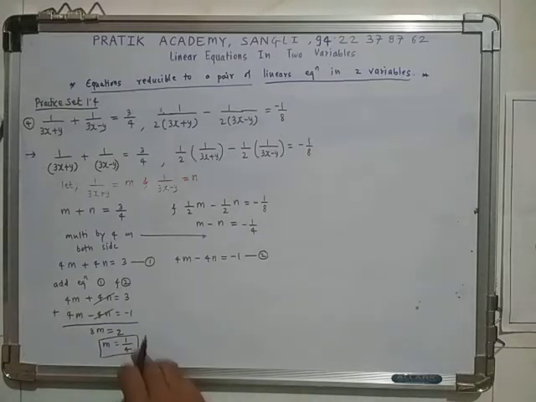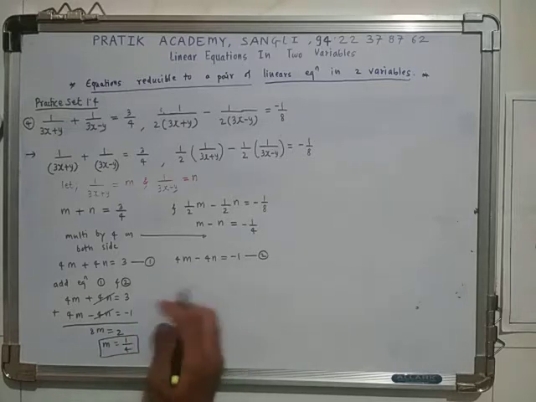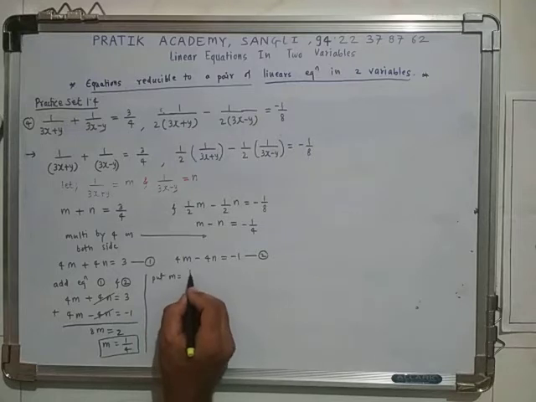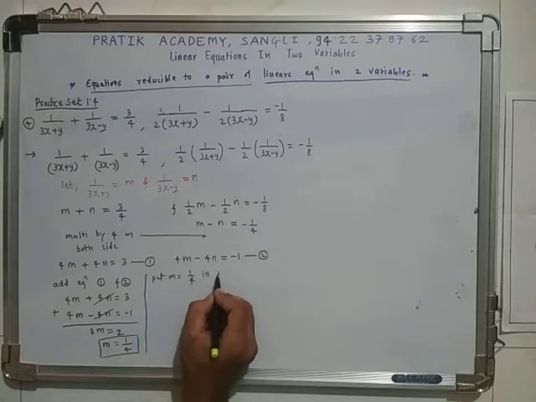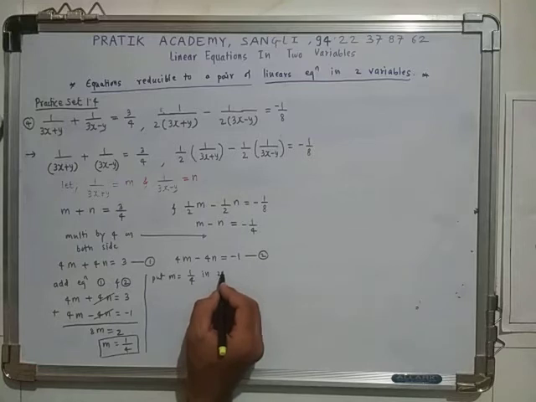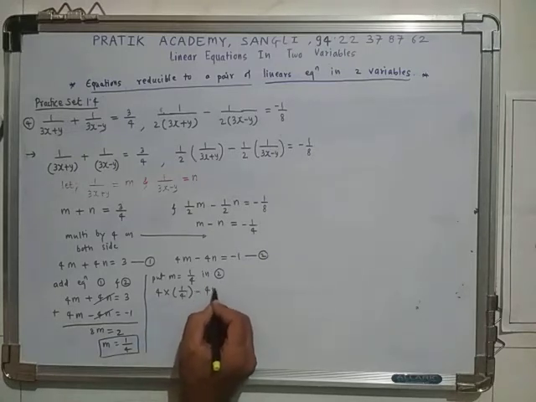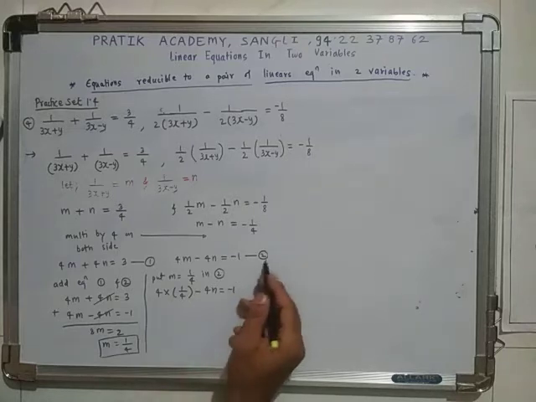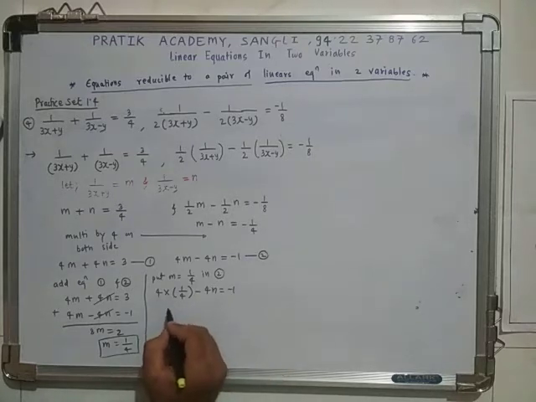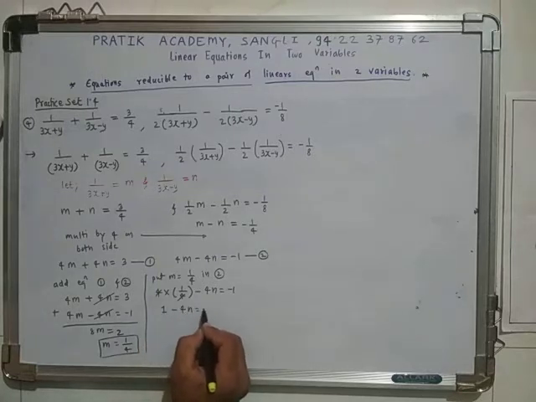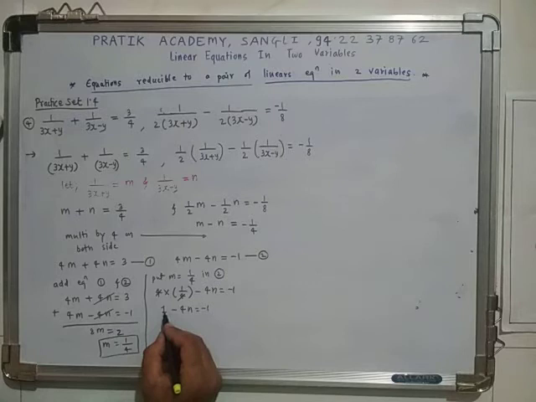Now put this value in equation 1 or 2. So put m is equal to 1 upon 4 in equation 2. What will happen? 4 into 1 upon 4 minus 4n is equal to minus 1. The 4s cancel, so this is 1 only, minus 4n is equal to minus 1.